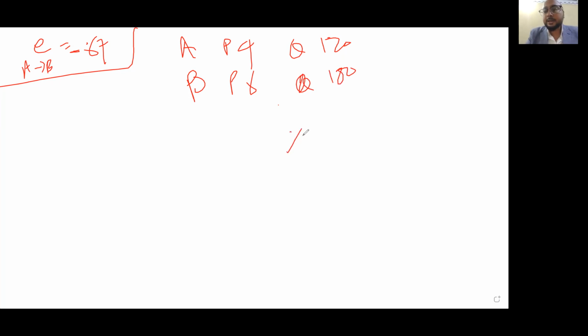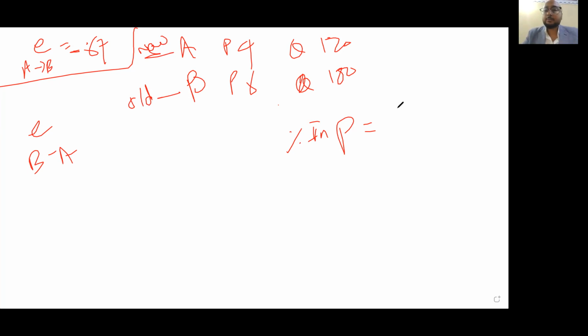So first of all, percentage change in price. So elasticity from B to A. Now B is old, A is new, right? From B to A.